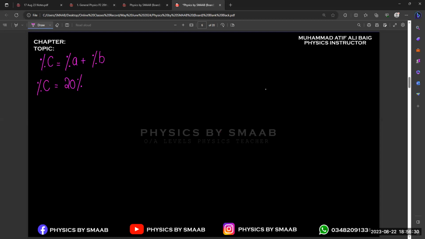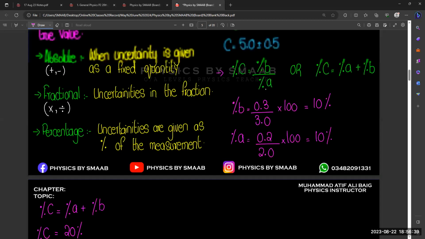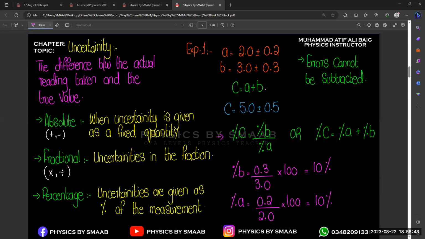Any amount which we are writing in the question, that this amount of error is in the actual value, right? So now for the final value, we know that C is equal to what? C is equal to 5.0 plus minus 0.5.